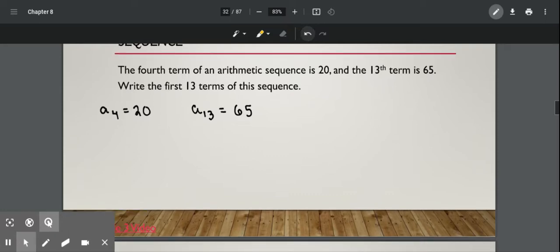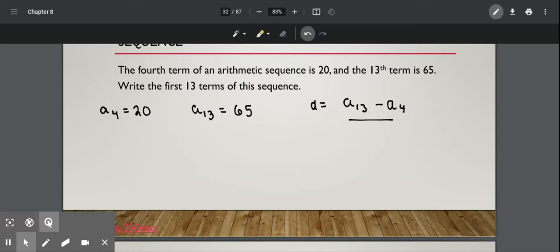In order to write all the terms leading up to the 13th term, we have to figure out what the common difference is. To find the difference, we take the 13th term, a sub 13, subtract the fourth term, and then divide by how many terms are in between those.